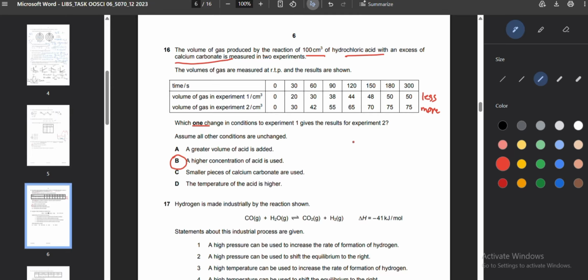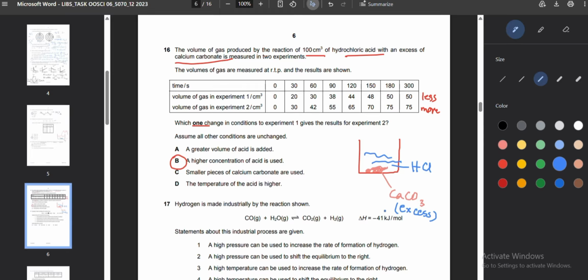Over here, it's a reaction between calcium carbonate and the acid is hydrochloric acid. This calcium carbonate is taken in excess. Calcium carbonate is solid and it is taken in excess.